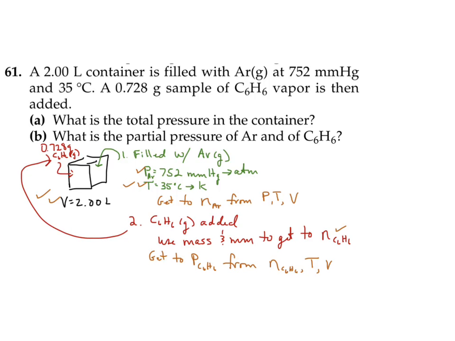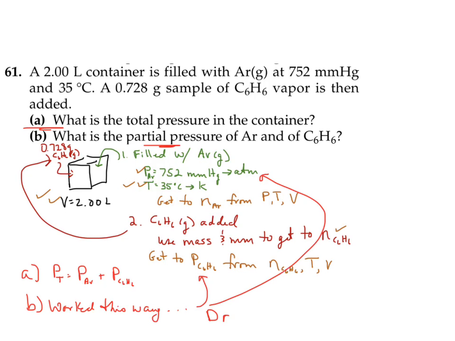But I see here, I went ahead and got the pressure of benzene instead of doing it that way. Now that you have moles, of course you have the volume and the temperature, so you can get pressure. And then you can add those 2 together to get the total pressure, which, I don't know if that's the best way to do it.